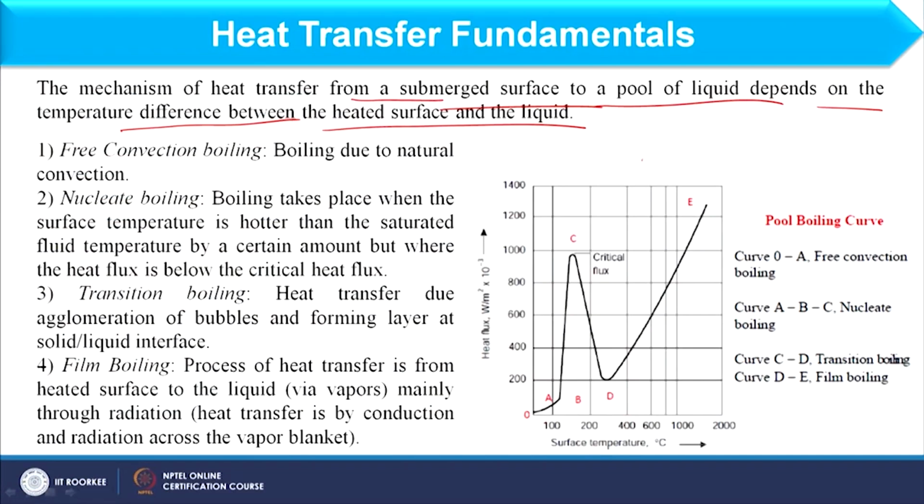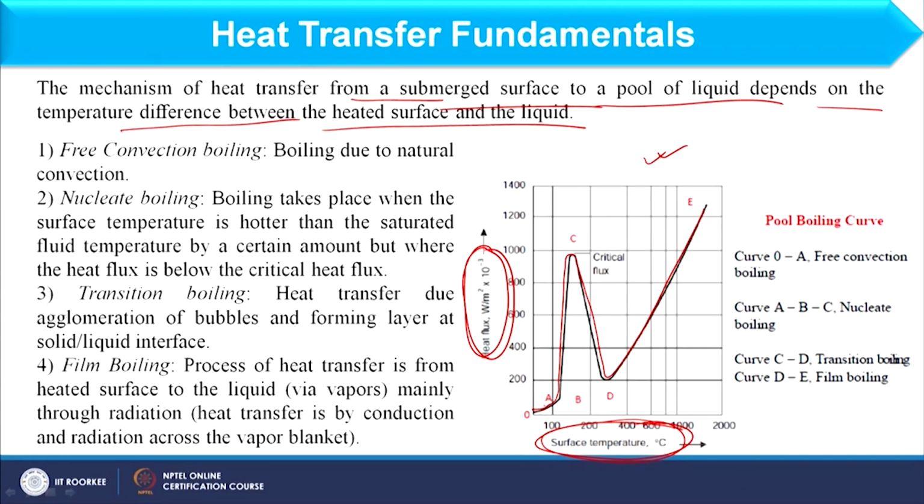Okay. And here we have a boiling curve for example purposes. If you see, the boiling curve varies from here and then it starts reaching the critical point and then drops down and then finally increases. So here I have the heat flux on the y axis and the surface temperature on the x axis.